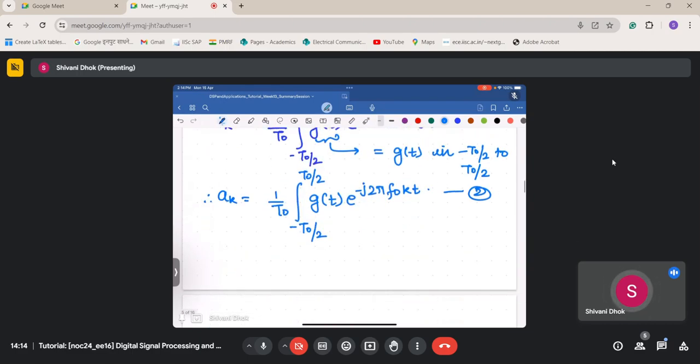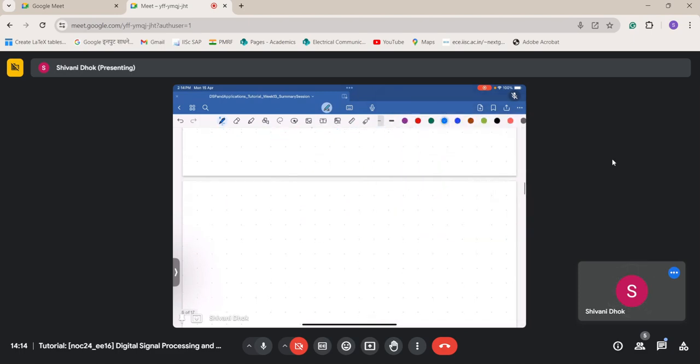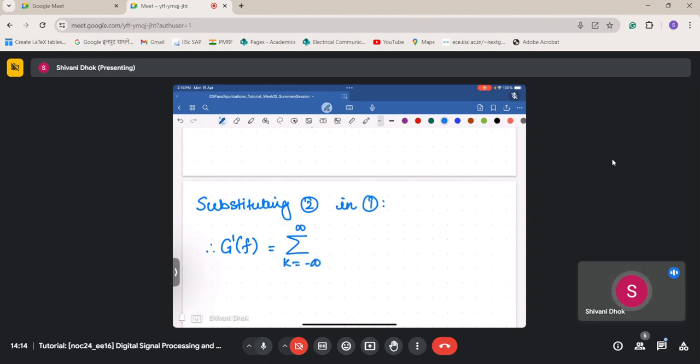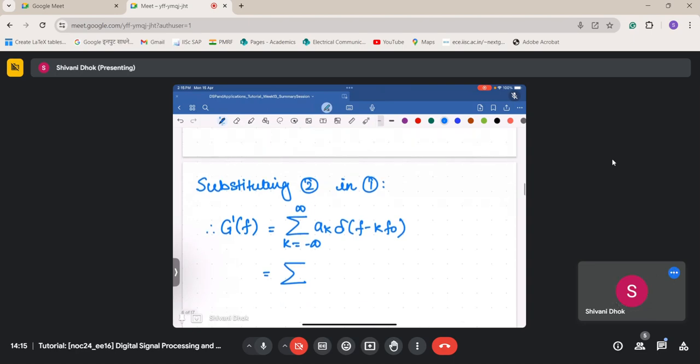So now we'll substitute equation 2 in equation 1. Therefore, this G prime of f, which was equal to summation k running from minus infinity to infinity a_k into delta f minus k times f naught, comes out to be equal to summation k running from minus infinity to infinity.